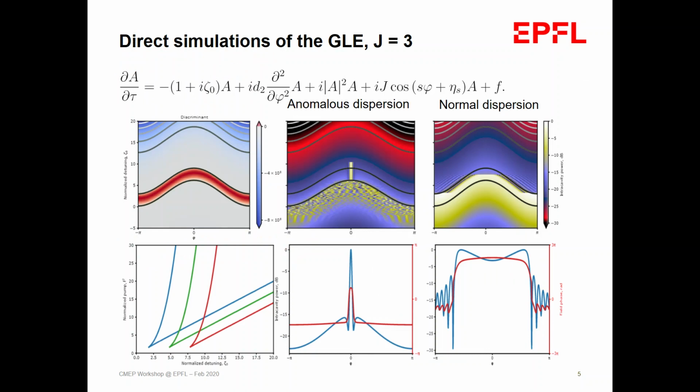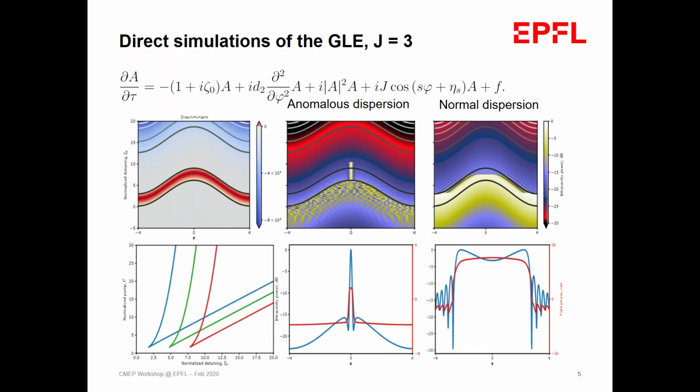What if we provide a direct simulation of this equation, like we did yesterday, but with the potential? What do we obtain? If we take anomalous dispersion, we can see that soliton exists almost exactly in this region of the bistable branch.